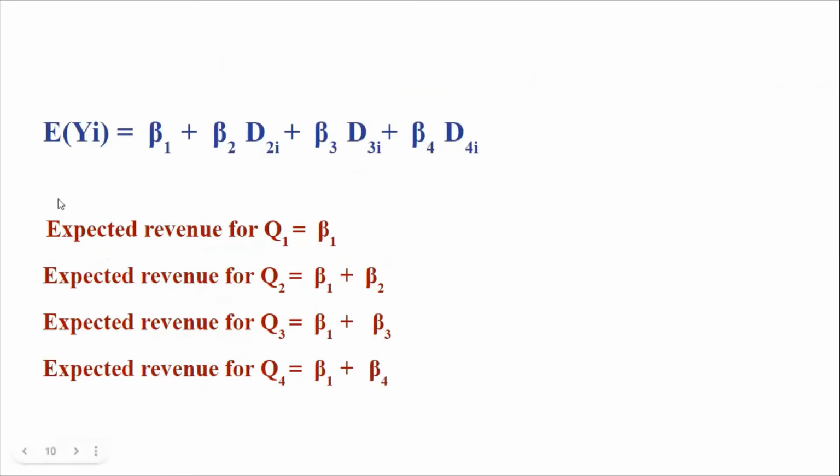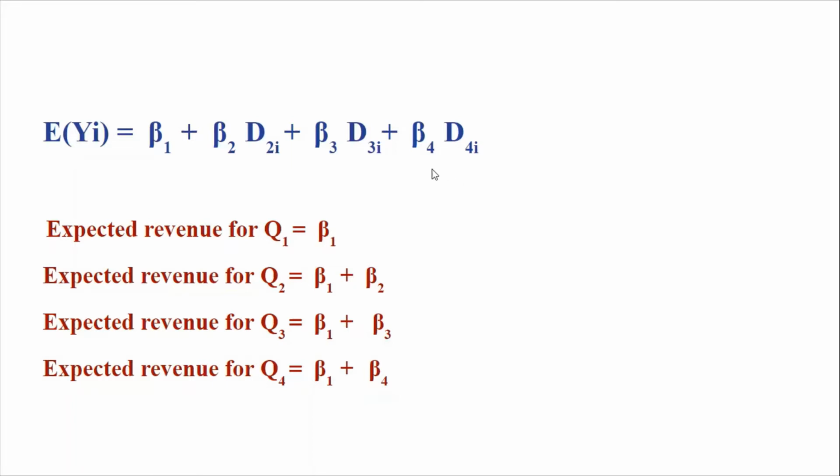Now how can we find out the values for this given regression model? Suppose we have a regression model wherein the expected value of yi is equal to beta 1 plus beta 2 D2i plus beta 3 D3i plus beta 4 D4i. So we have a dummy variable with 4 categories and we have introduced 3 dummies over here.